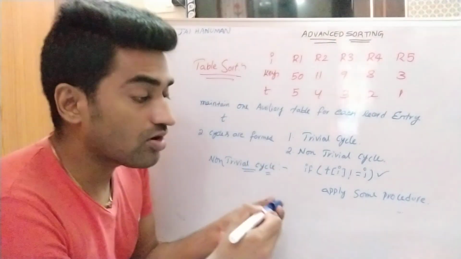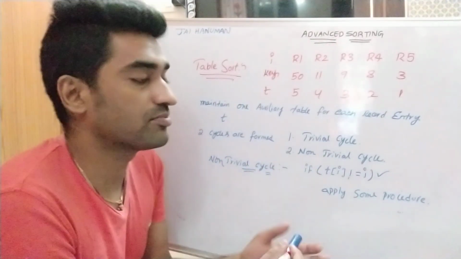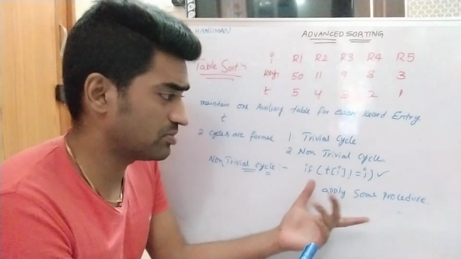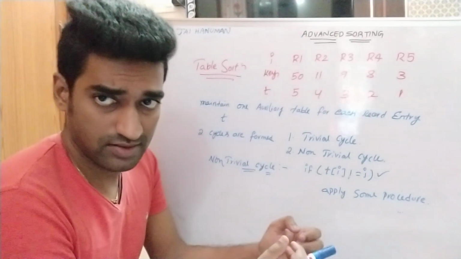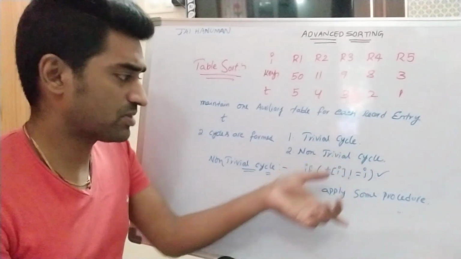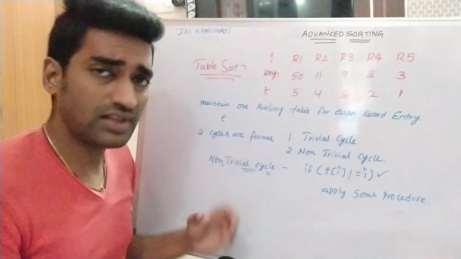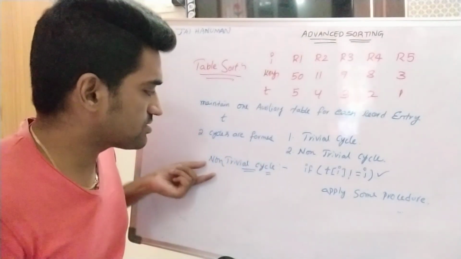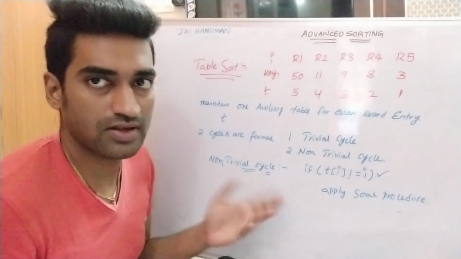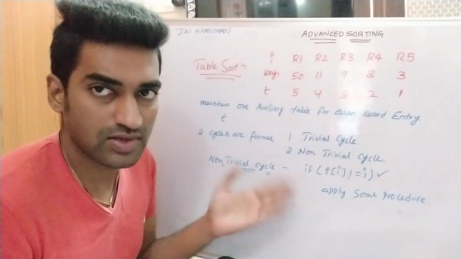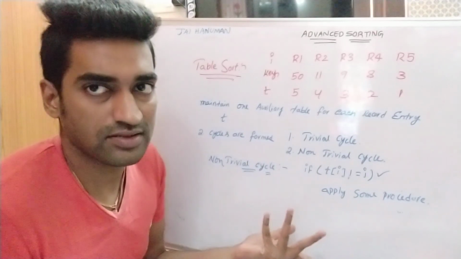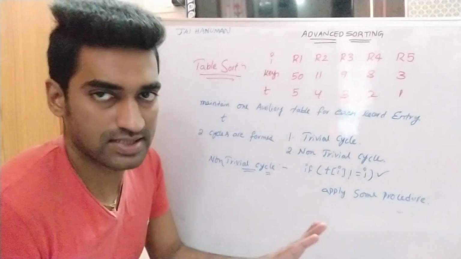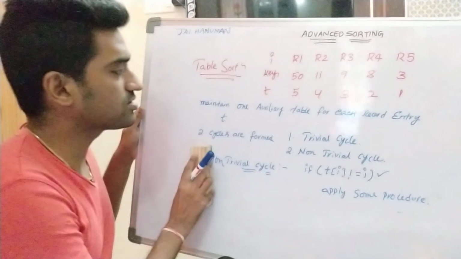If T of I not equal to I, then we apply some procedure. That procedure can be represented with the help of a function definition. So here I am writing a function definition for the non-trivial cycle, right? A procedure exists only for the non-trivial cycle, not for the trivial cycle, because when T of I is equal to I, there is no need to apply any procedure, right?